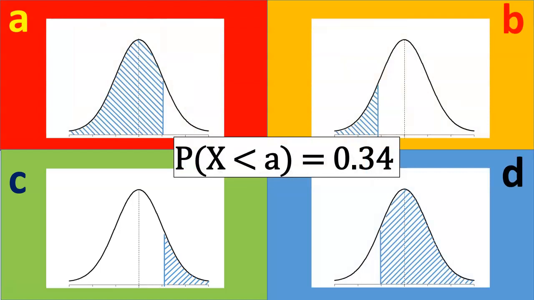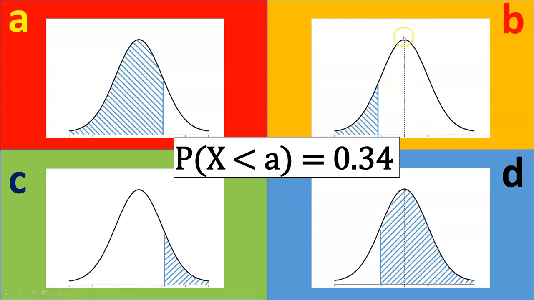So here, this question and the next ones are slightly different. Which of these represents the probability that x is less than a equals 0.34? Now remember that the area under the curve represents the probability, and the area under the curve is 1 because all probabilities have to add up to 1.